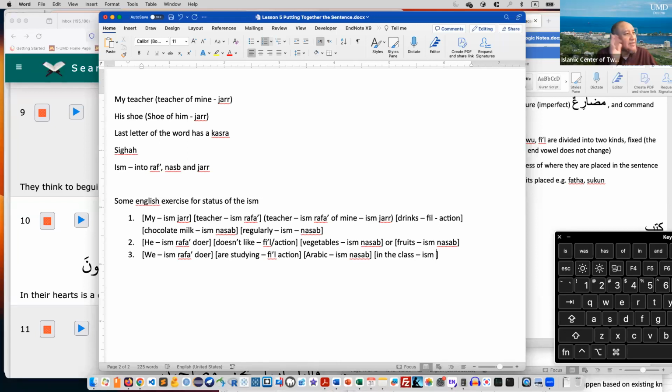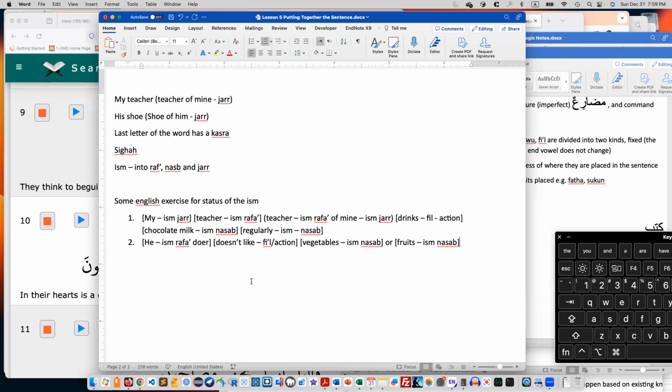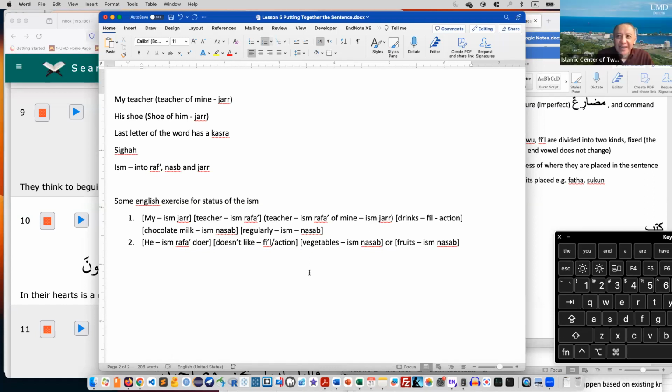Let me delete that. I think I made a mistake here. I wanted to put the jar here too, but I told you that jar for isim is only after a harf, and there's no harf in here. So let's scrap that one. I wanted to have the other jar, right, brother Alan? But I think I'm confusing them. So let's leave that. In class, fee, I was going to say the class will be the jar.